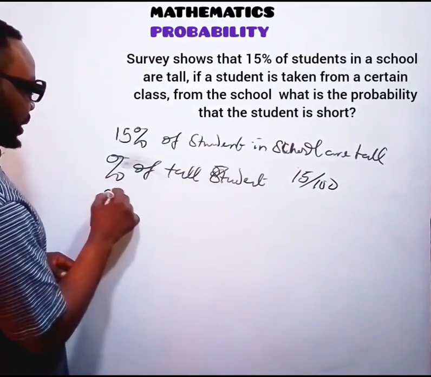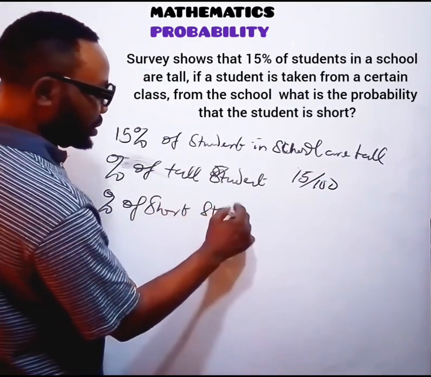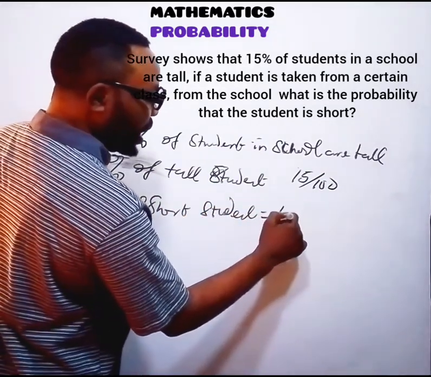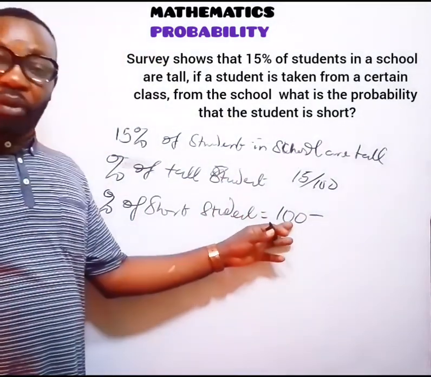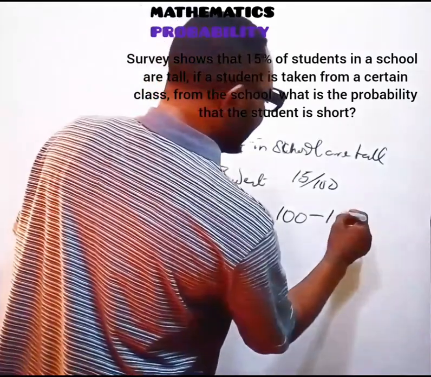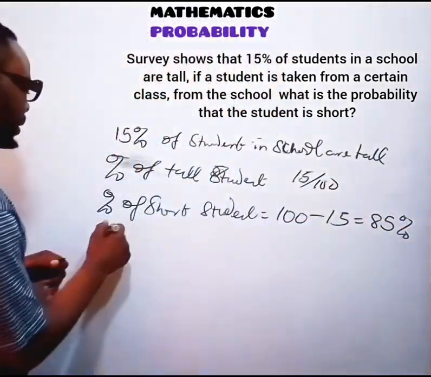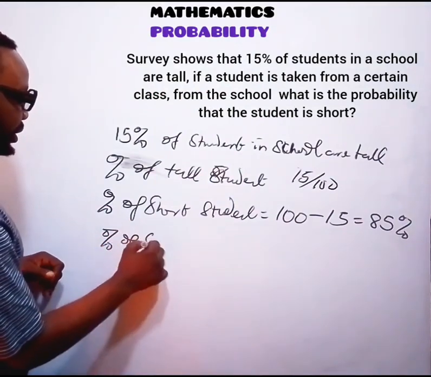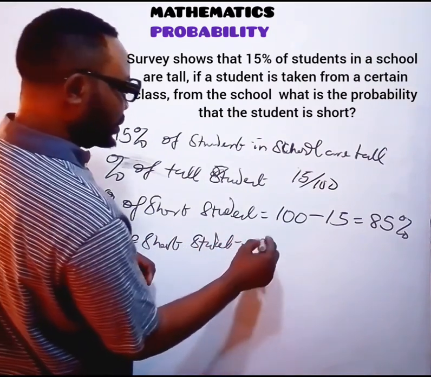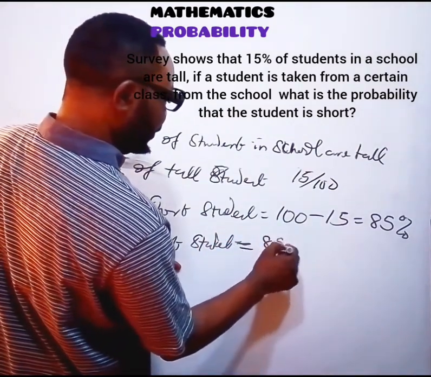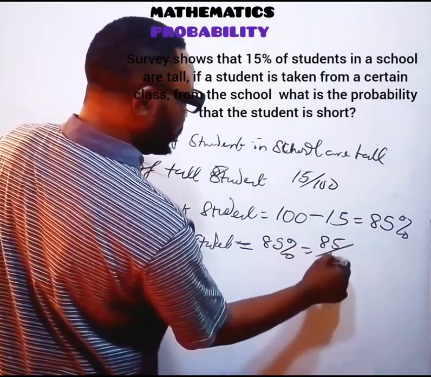Now, the percentage of short students will be equal to 100 minus 15, because percentage is always out of 100. That will be 85%, which is equal to 85 over 100.